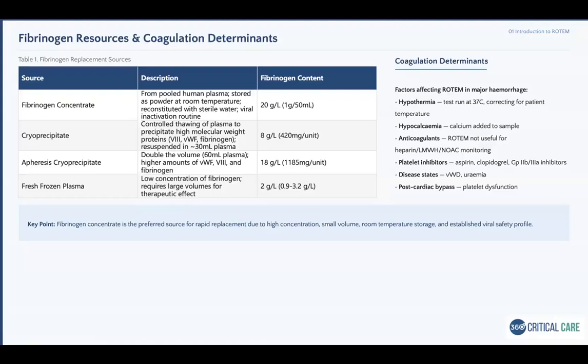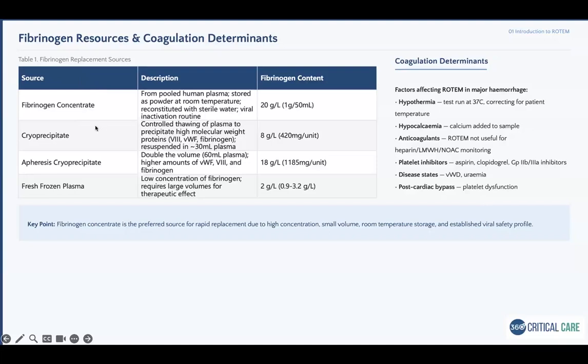So if somebody asks what is your preference of product that you want to give to replace fibrinogen, I would say it depends on the urgency. If the patient is hemodynamically unstable and bleeding is the cause of that and you want to correct it within minutes, that will be fibrinogen concentrate, because you don't have to do anything, you just reconstitute in the water and just give it.